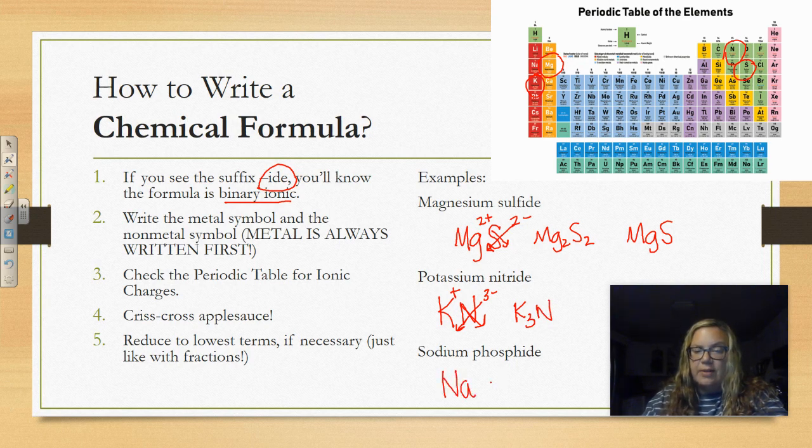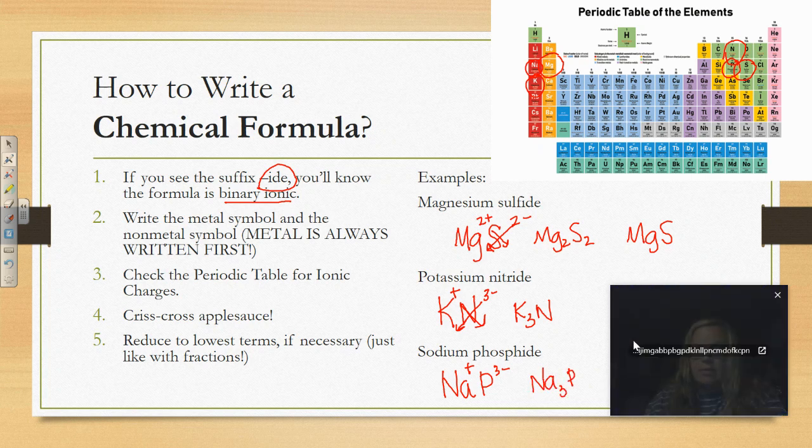We have sodium. Phosphide comes from phosphorus. Ooh, look, we have a nap. So sodium has a +1 charge. And phosphorus is right under nitrogen, so it would also have a 3- charge. So if we crisscross, we're going to get Na3P. Maybe we can get 3 naps.